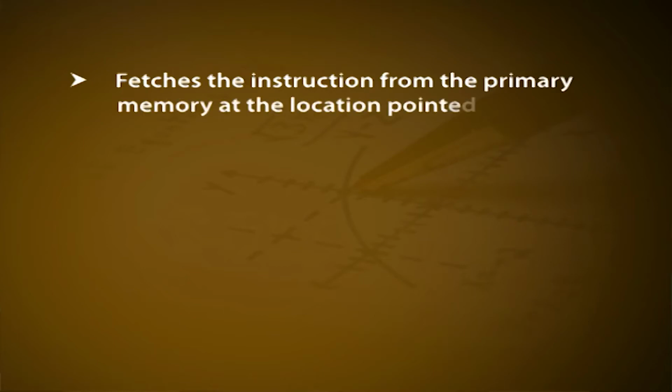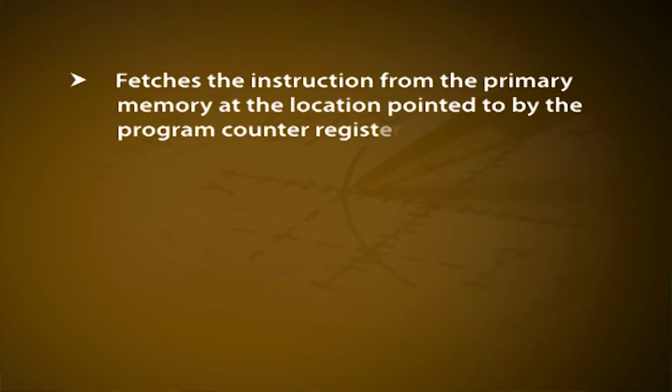It obtains instructions from the program stored in the primary memory, interprets the instructions, and issues signals that cause other units of the computer system to execute them. The functions of control unit are summarized below. Fetches the instruction from the primary memory at the location pointed to by the program counter register.